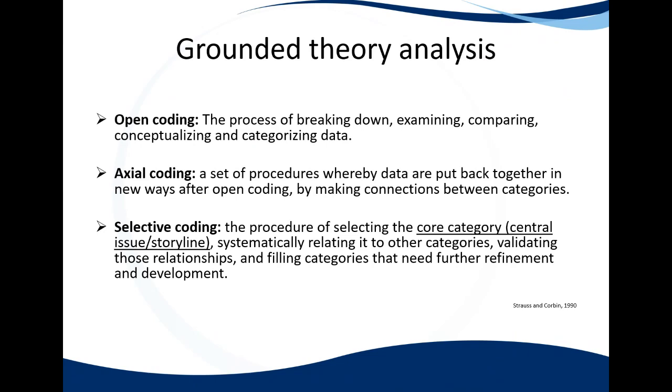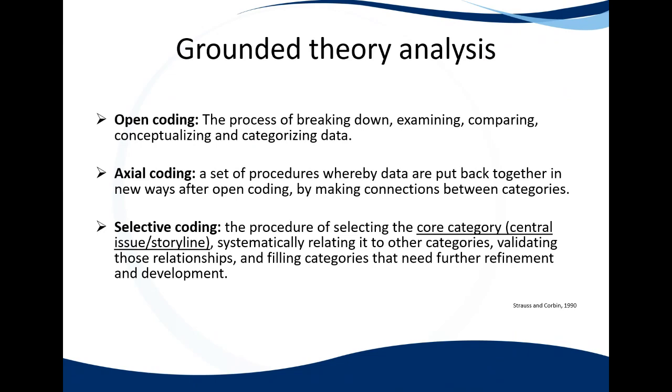And then the next step following open coding is axial coding. Axial coding is a set of procedures whereby the data is put back together. So you've just taken everything apart, you break it down, you check what starts coming through. And then when you're done with that, you put it together in new ways, right? So it's not going to look like the initial transcript that you had before.